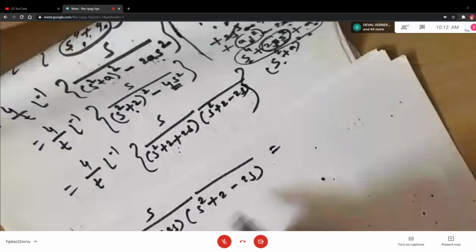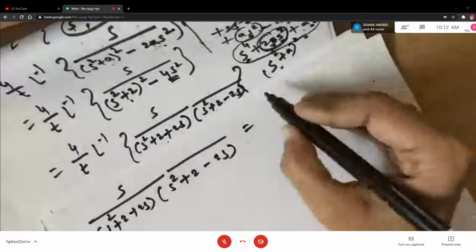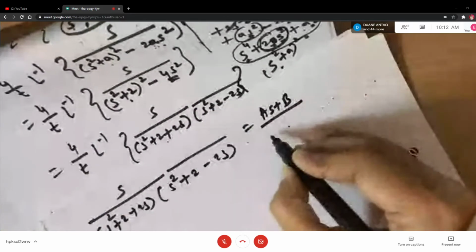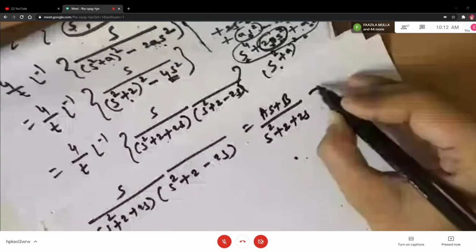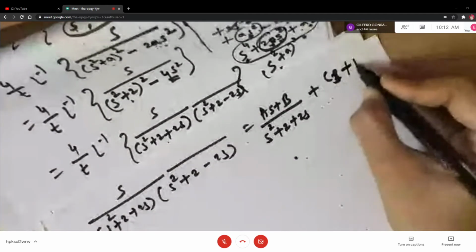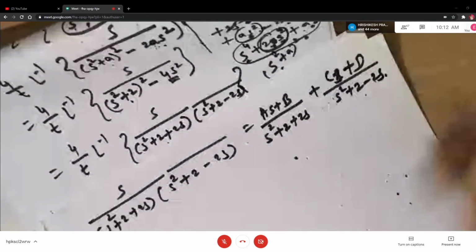And now both are quadratic factors, no? Both are quadratic factors. So how will the partial fractions be? As plus b divided by the first quadratic factor, and cs plus d upon the second quadratic factor.